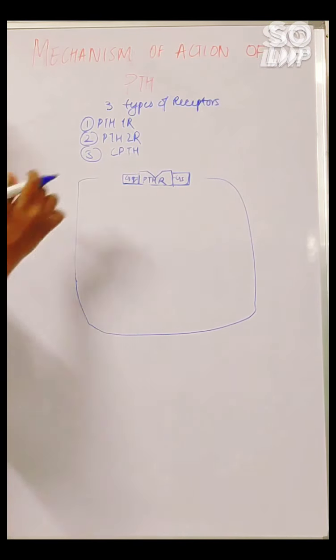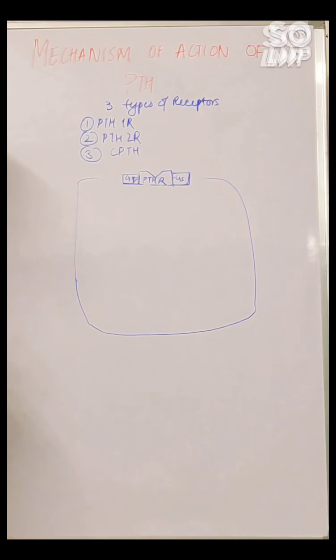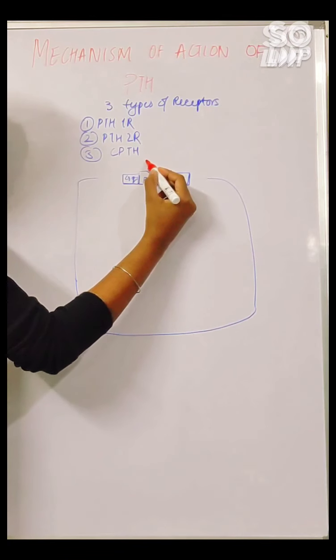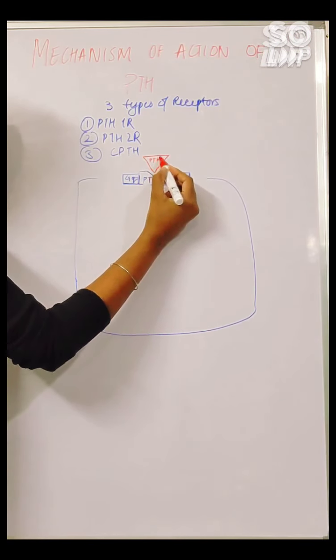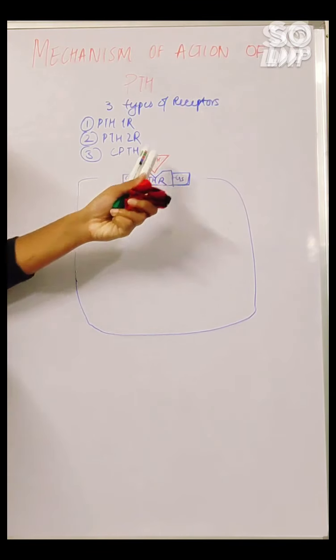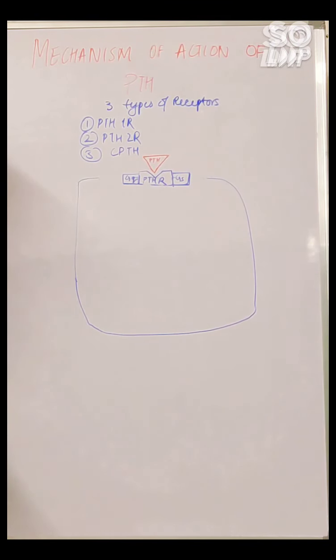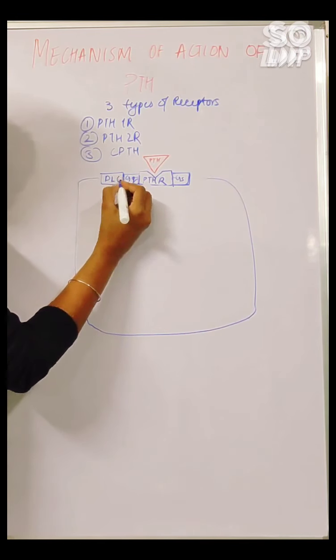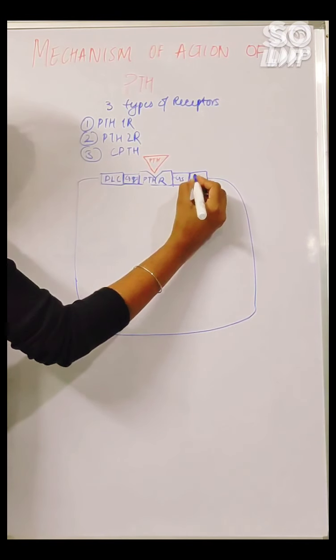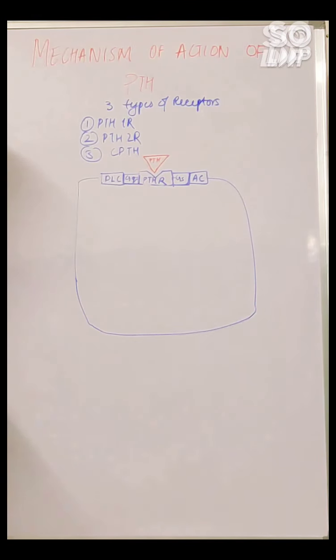Now, as I told you, PTH is released. This is PTH. Binding of this PTH to this parathyroid hormone receptor activates the adenylate cyclase and phospholipase C in the membrane. So there is phospholipase C here, and there is adenylate cyclase, cyclic AMP.